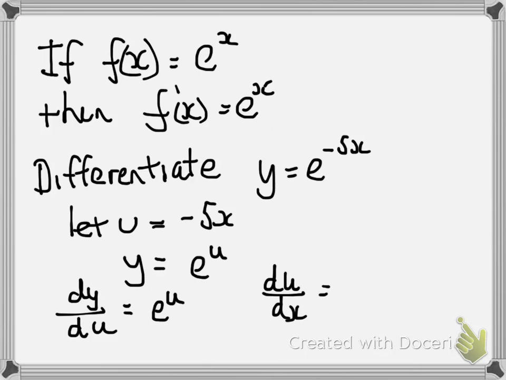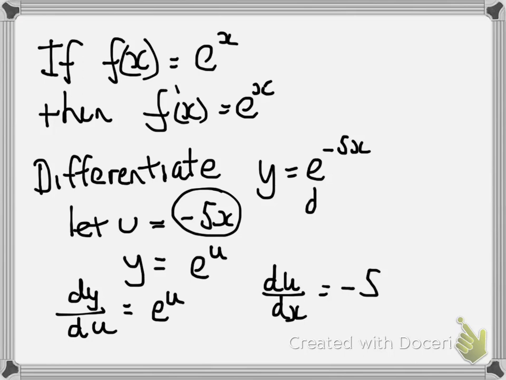What's the derivative of negative 5x, guys? Negative 5. So yesterday with the chain rule, once we'd found dy du and du dx, what did we do to the two of them? Times them together.